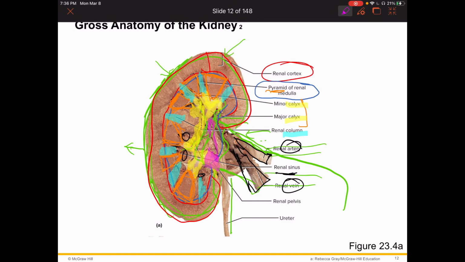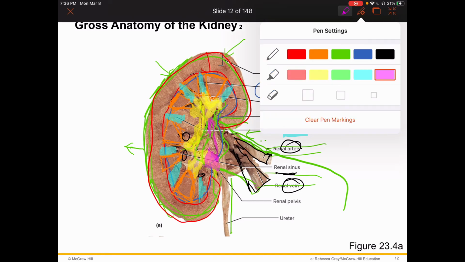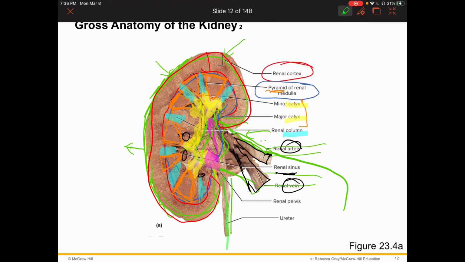So it's a larger, broader area for collecting what's eventually going to become urine. And then the ureter, in green, brings everything out to the urinary bladder. So that's the ureter there. I hope that's helpful.